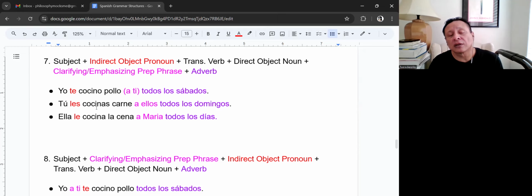Okay. Sentence number 2. Tú les. Now, les, like I said, could be you guys or it could be them. So here you might want to clarify who you're talking about. Tú les cocinas carne a ellos. Not a ellas, not this group of girls, but these group of guys, right?